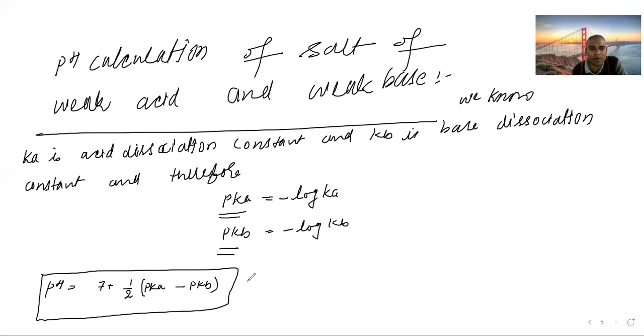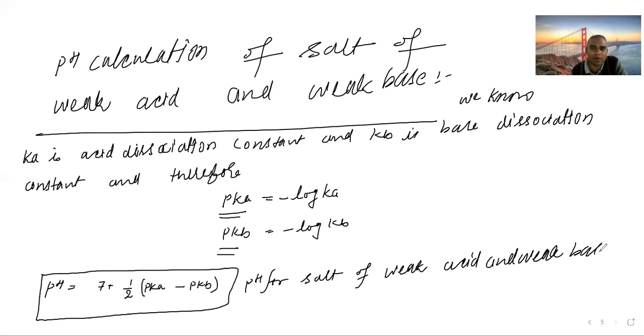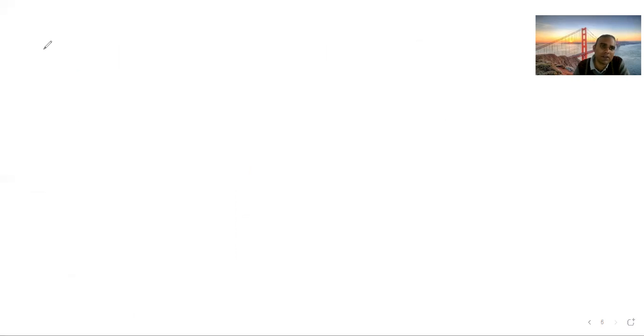This is the pH for the salt of a weak acid and weak base. We need to keep that in mind. So let us try to solve problem one. There are so many problems.